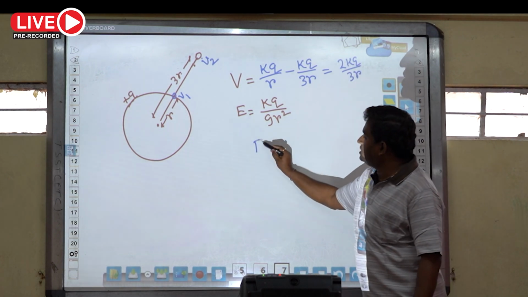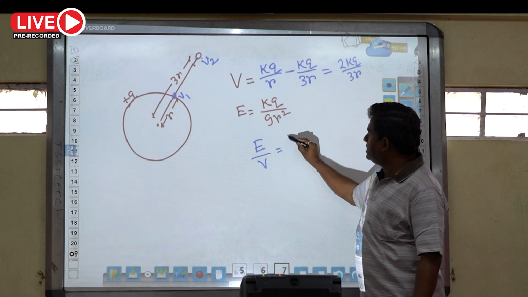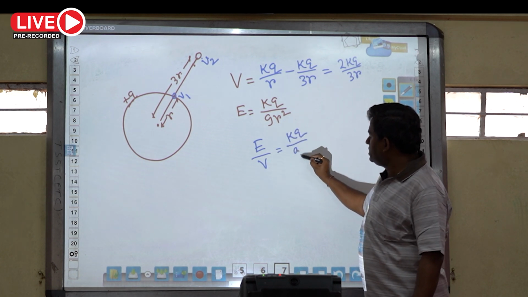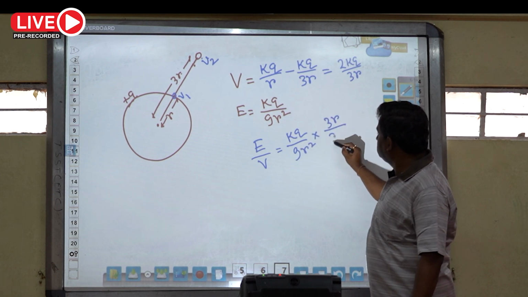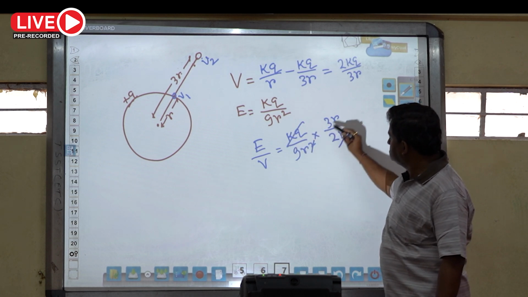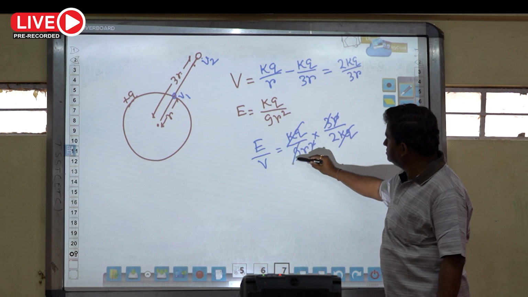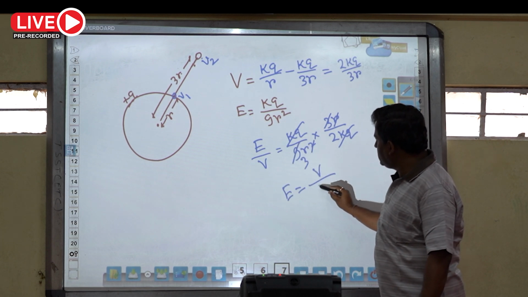Now you have to take E by V, that is kq by 9r square into 3r by 2kq. So E equal to V by 6r.